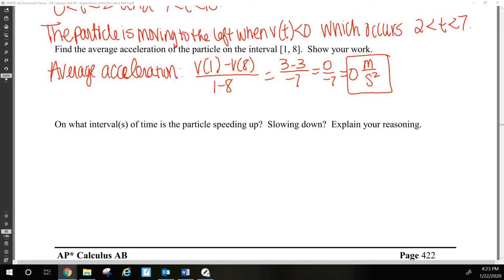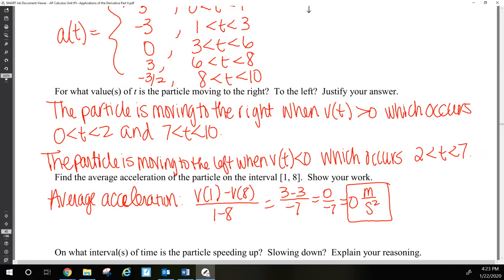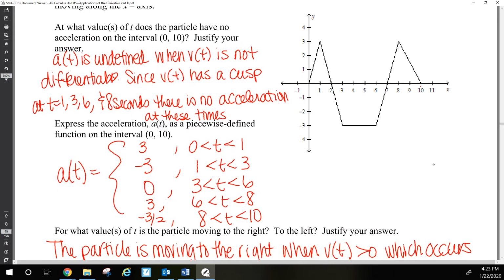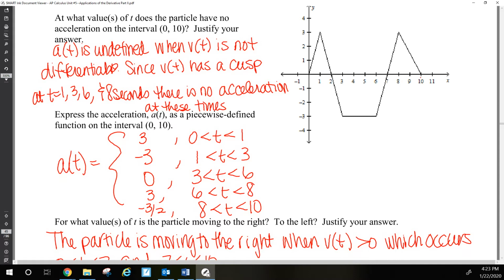So if we look at this graph, where is our velocity positive and our acceleration positive? Our velocity is positive between 0 and 2, and our acceleration is only positive between 0 and 1. Between 1 and 2, it's negative. So we're speeding up between just 0 and 1.